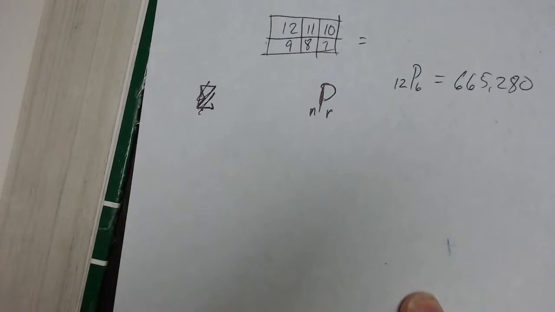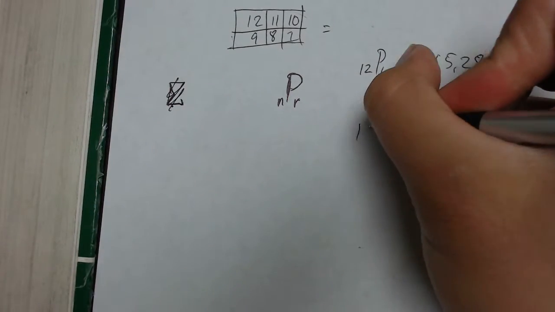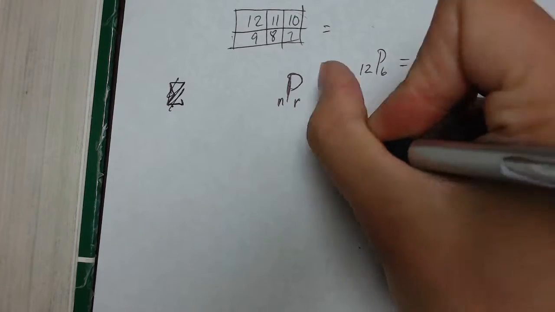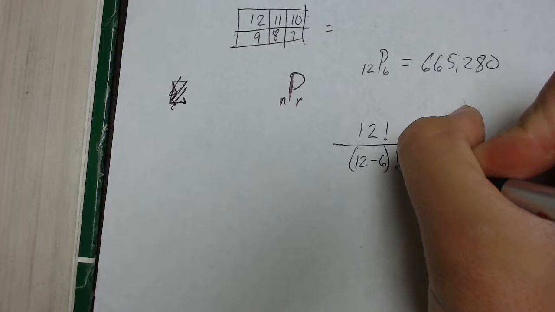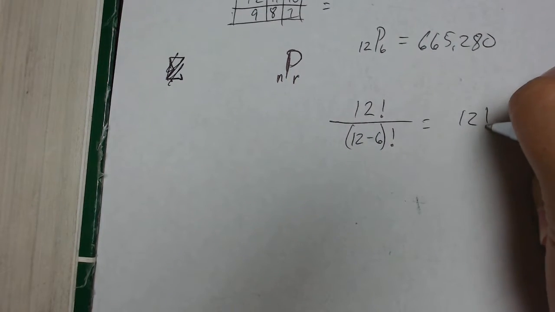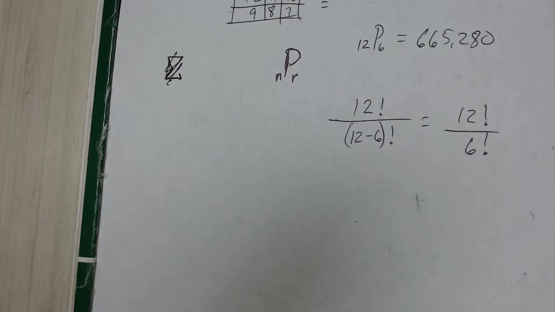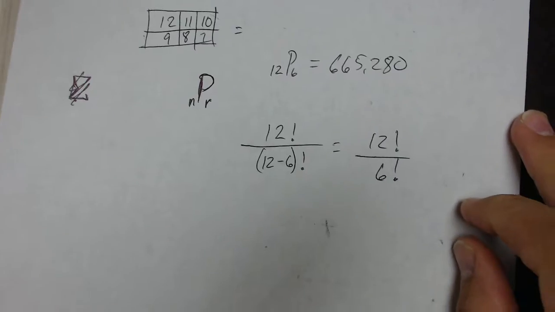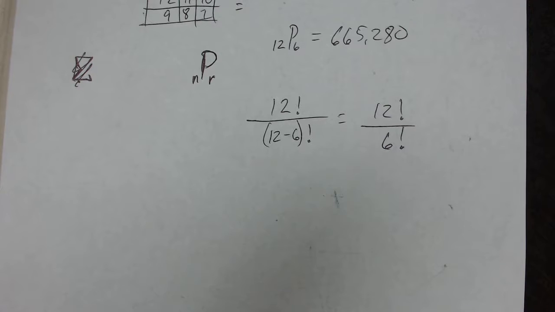So if we look at this problem, 12P6, the fast way to do this would be to take 12 factorial, put it over 12 minus 6 factorial, and 12 minus 6 is 6, so it equals 12 factorial over 6 factorial. Once we see the problem this way, it's a little bit easier to solve, because then we can just punch it into our calculator.